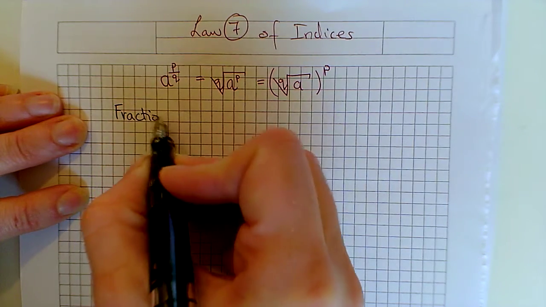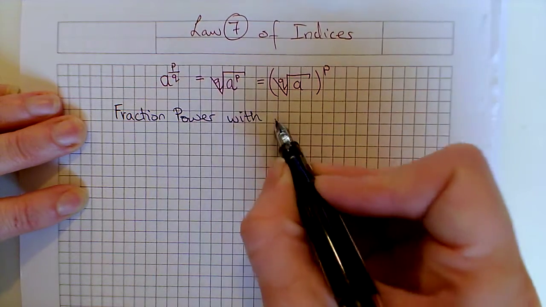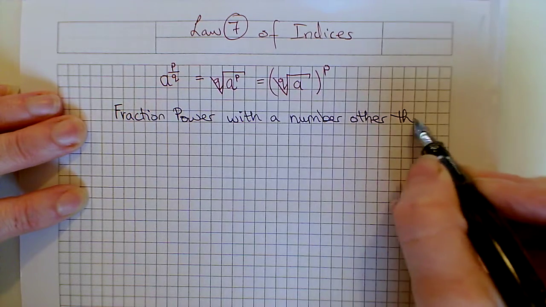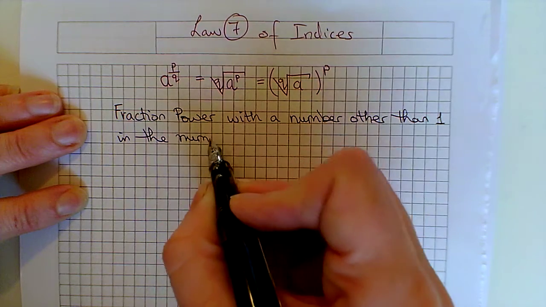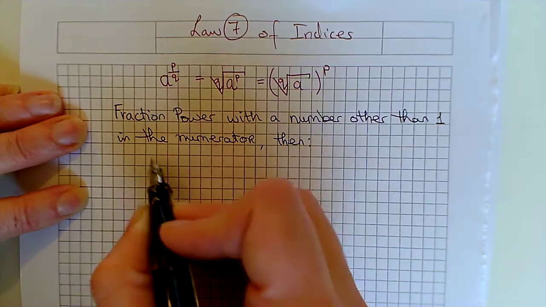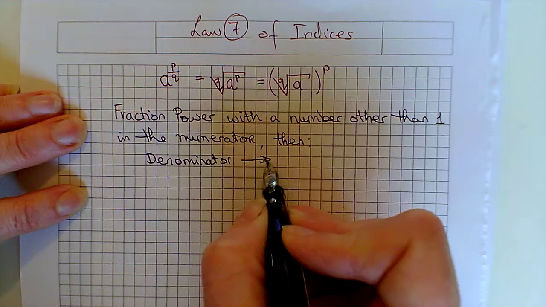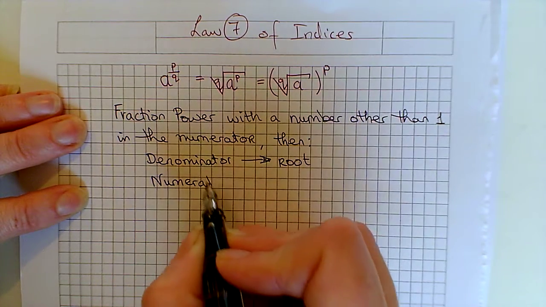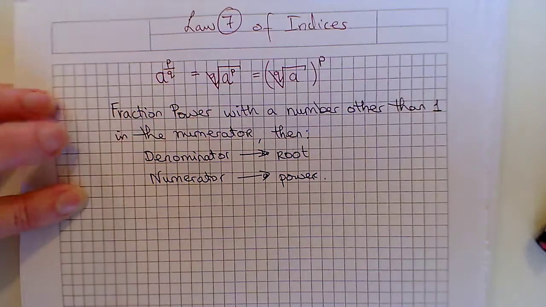So if I've got a fraction power with a number other than 1 on top in the numerator, then the denominator becomes the root and the numerator stays as a power.